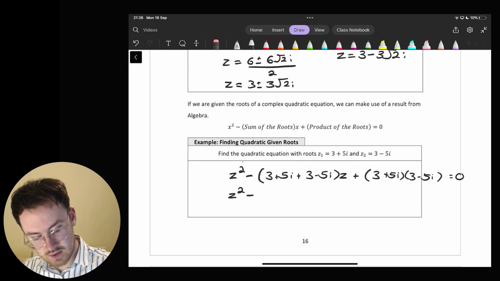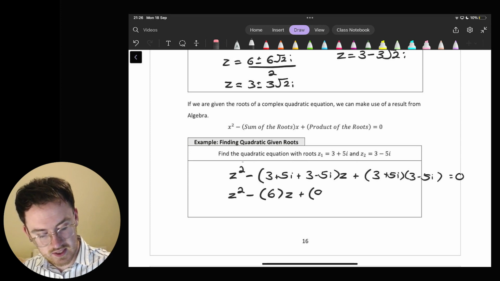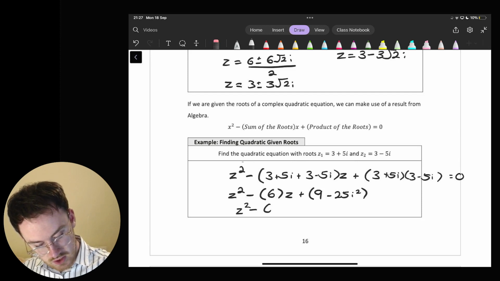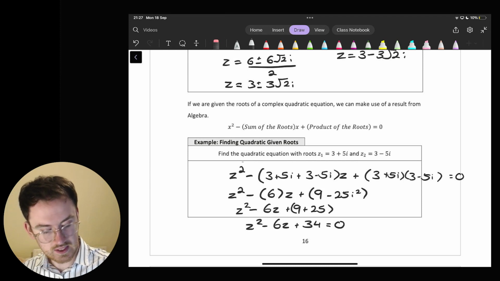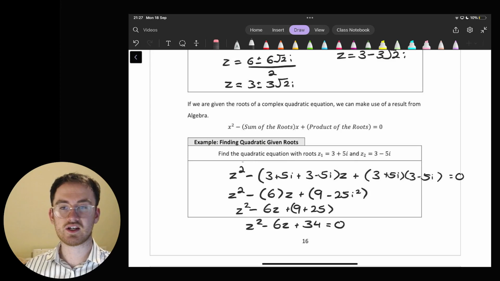So z squared minus, let's work out this middle bit, that gives me 6 z plus, multiplying this out, we get 9 minus 15i plus 15i minus 25i squared. Sorting this out, it's plus 9 plus 25, to get z squared minus 6z plus 34 as our quadratic equation there.